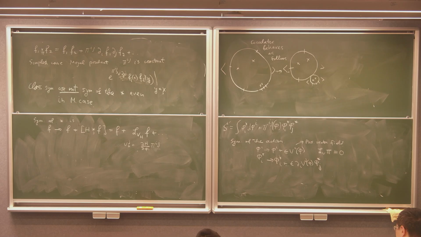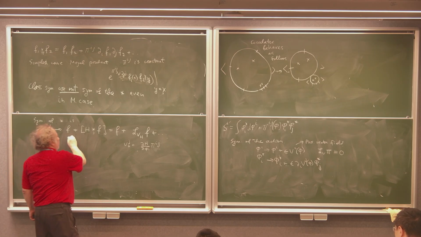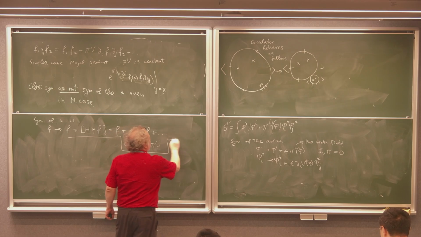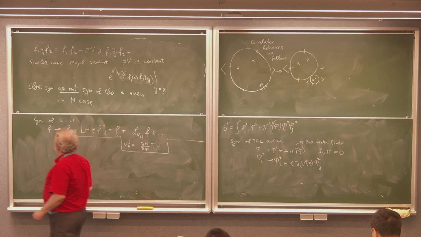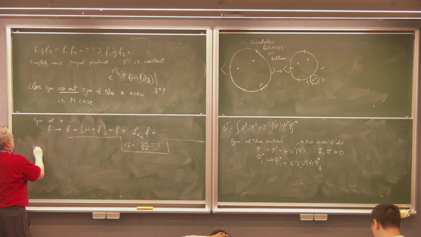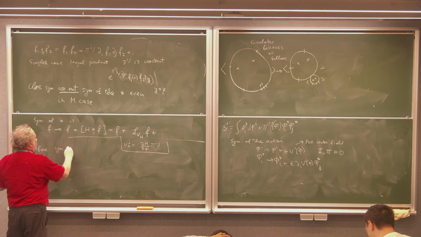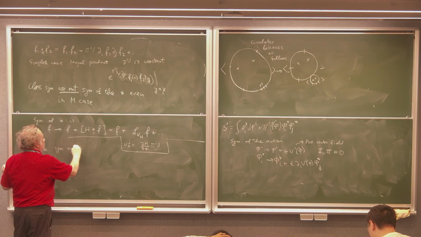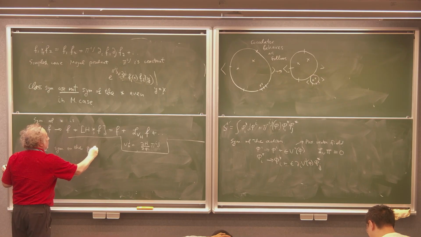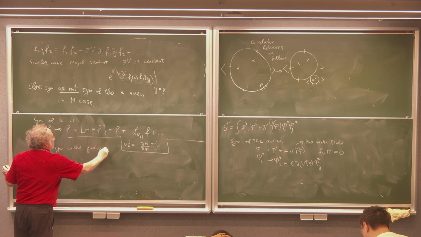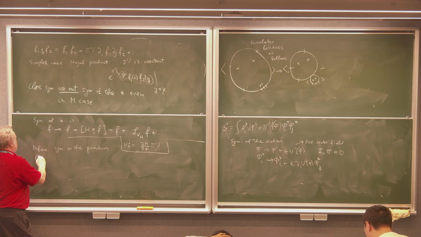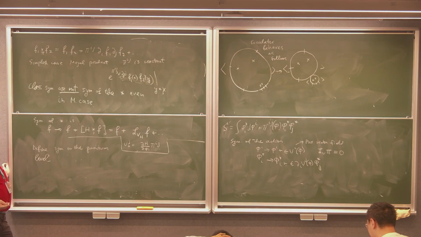We need to define symmetry on the quantum level. There is a current that generates this symmetry.